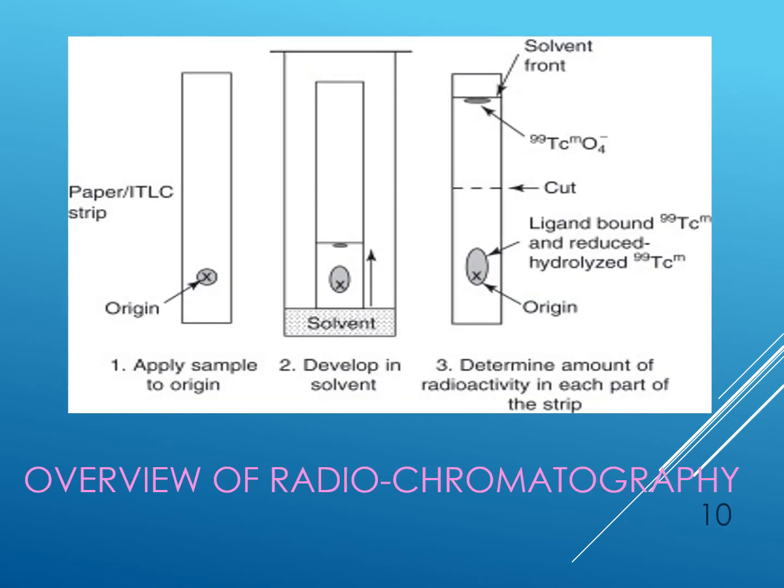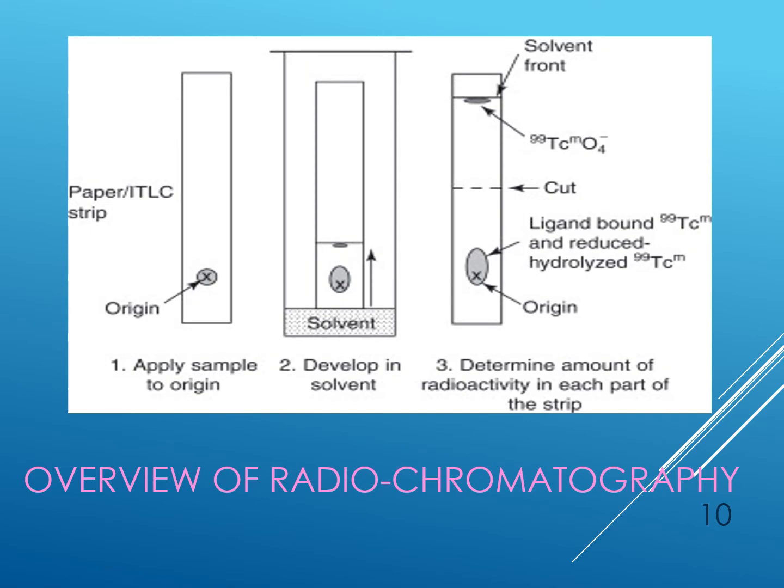So this is the general overview of radiochromatography, how chromatography is used along with radiochemical techniques, and how radio tracers or radio components are analyzed. First of all, we take a paper or thin layer strip in which the origin is marked, and then apply the sample to the origin.